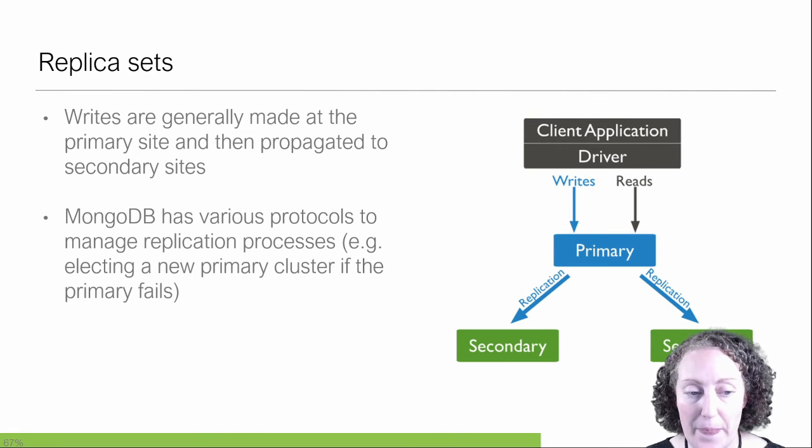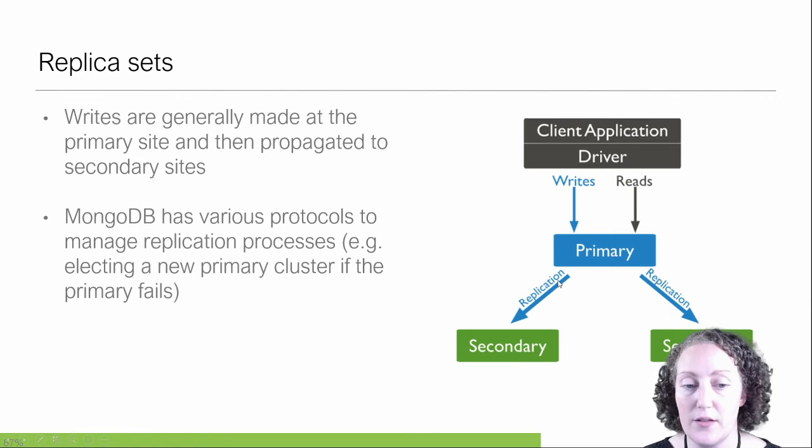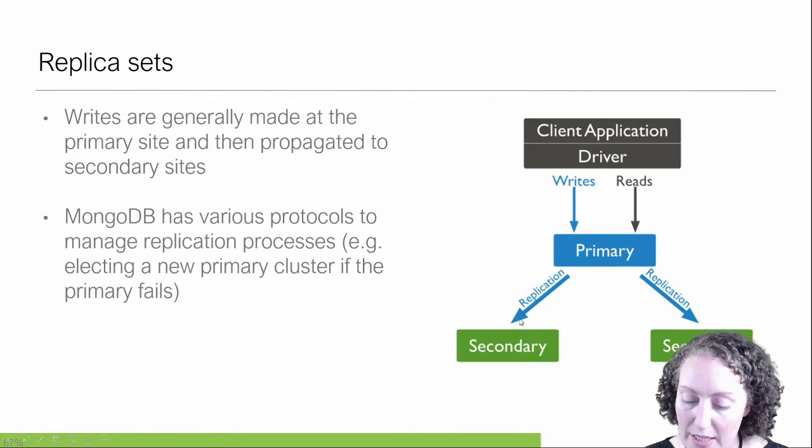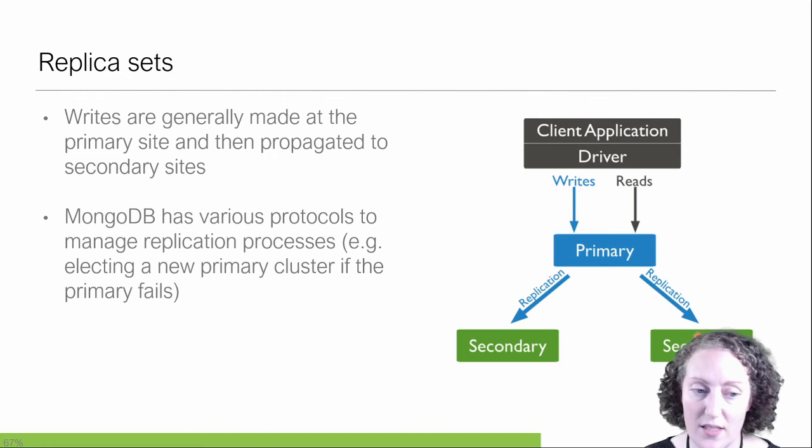So as you can see here, reads and writes usually go into the primary site and then are replicated to secondary sites. The timing of how this is done depends on your setup. I'm going to talk about that a little bit more in a while, but it depends on the application, I suppose. If it's something where it's really important that all of the sites have exactly the same information all the time, then you probably need to do something like locking the information at the secondary sites.